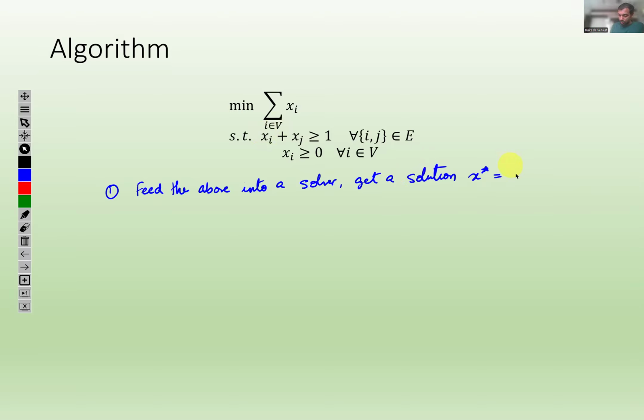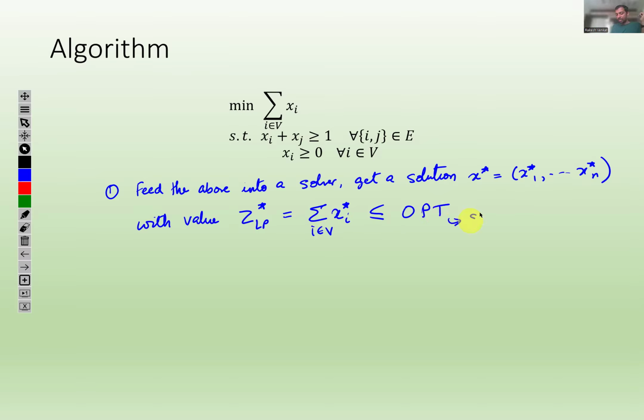Solution X star is equal to X star 1, so on, X star n, with value, maybe I call this ZLP star, which is summation Xi star, which is at most the optimum, where optimum is the size of the minimum vertex cover in the graph.